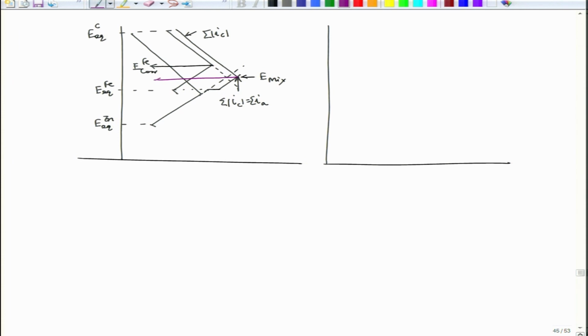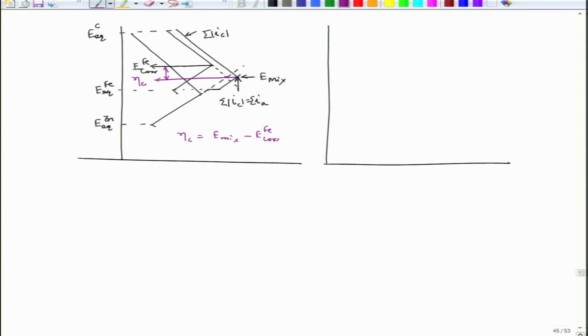So, the overvoltage is eta C. So, eta C equals E mix minus E corrosion of iron.